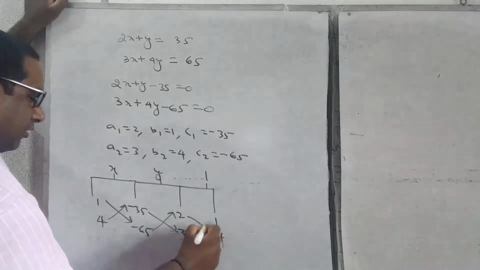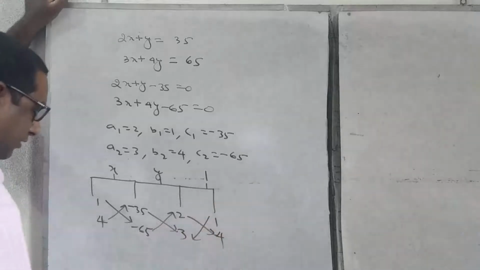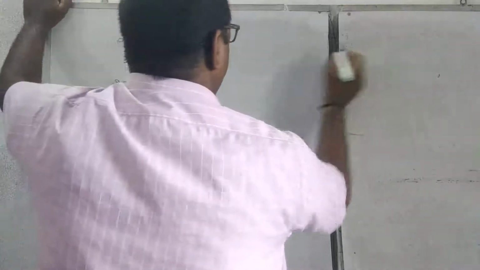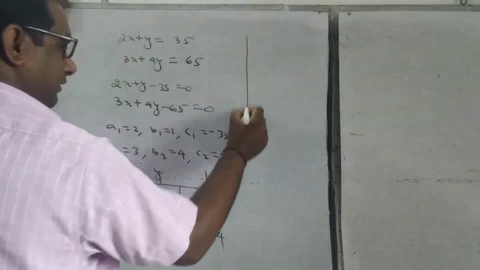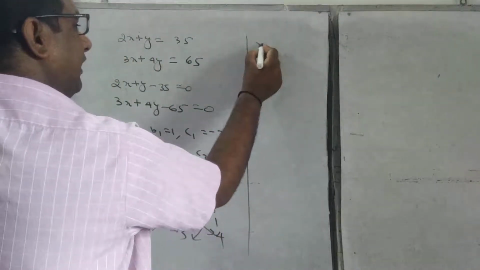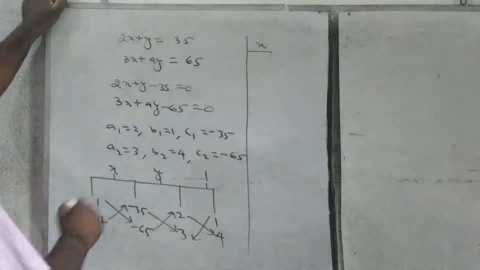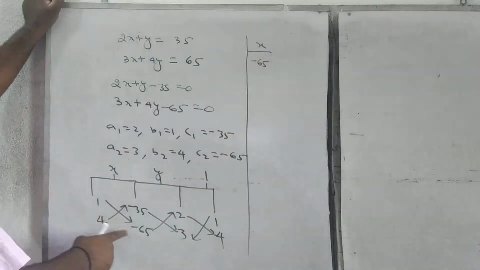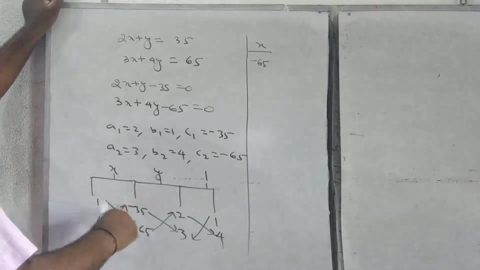Then cross multiplication. So x upon, I think, minus 65 plus y plus, because already we have to subtract. So minus minus plus.